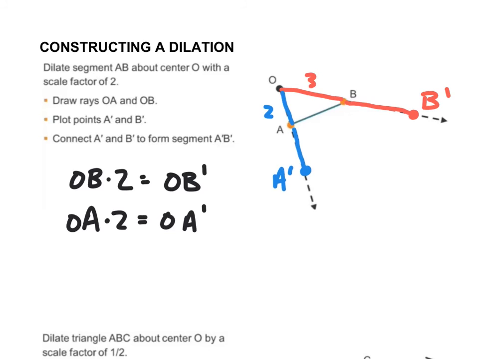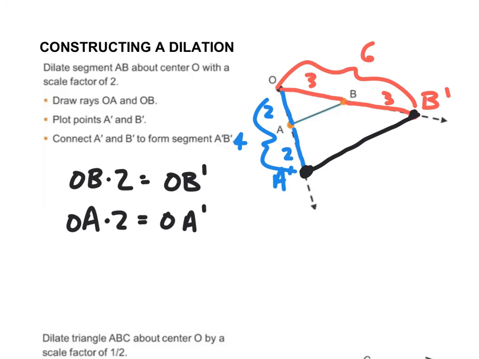Okay, and think about it. 3 times 2 should give you 6. So if this length here was also 3, the whole thing is 6. Same thing down here. If that is 2 and that's 2, the whole length should be 4. All right, and then we connect our points from A prime to B prime and draw that segment, okay?